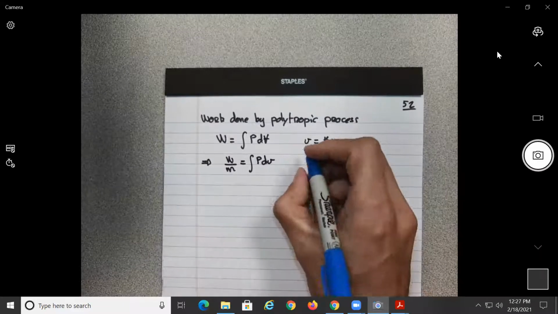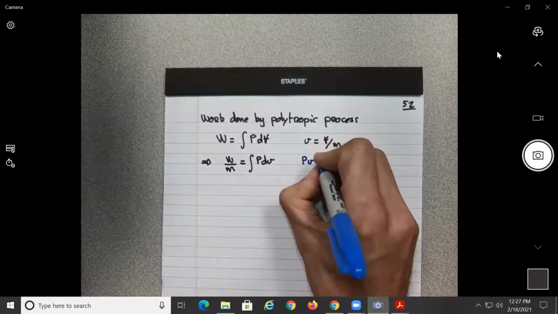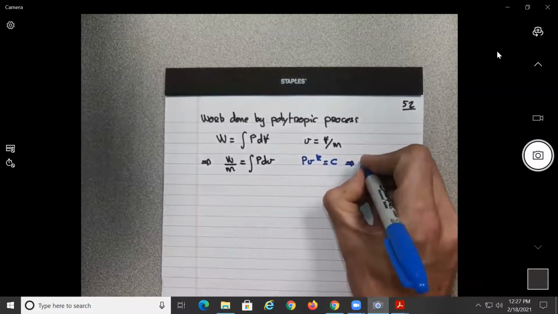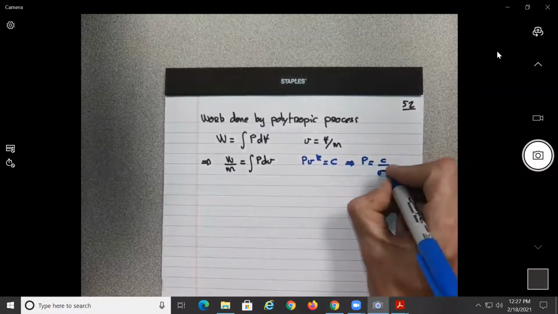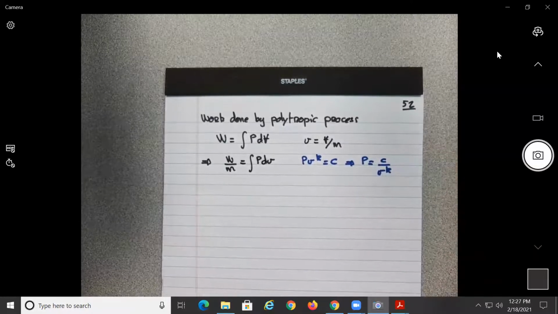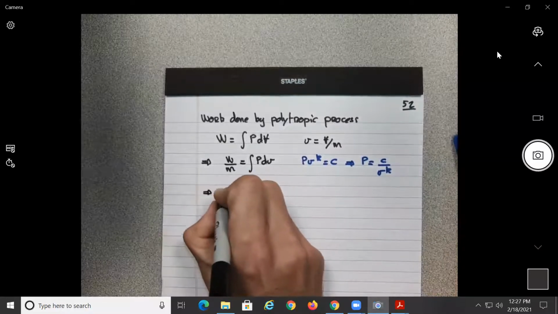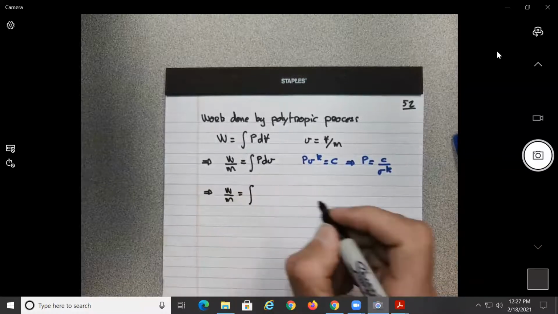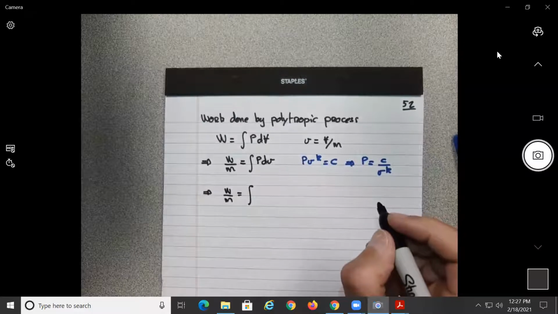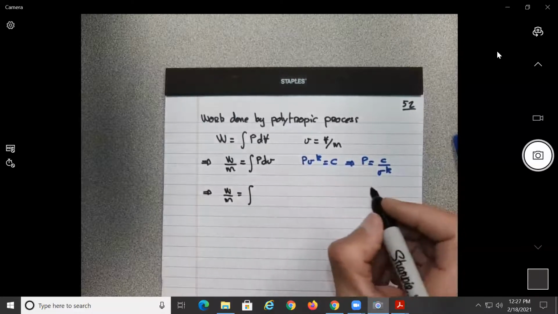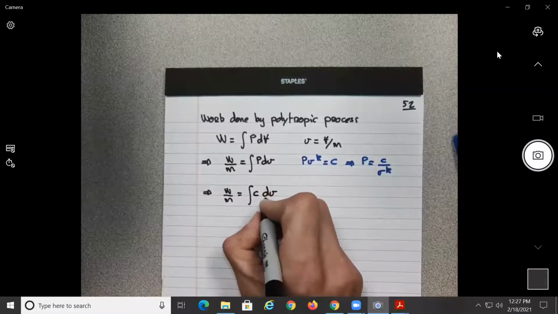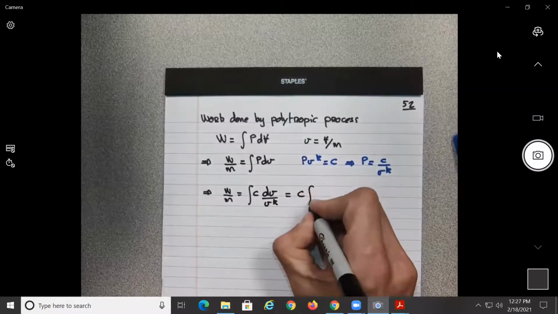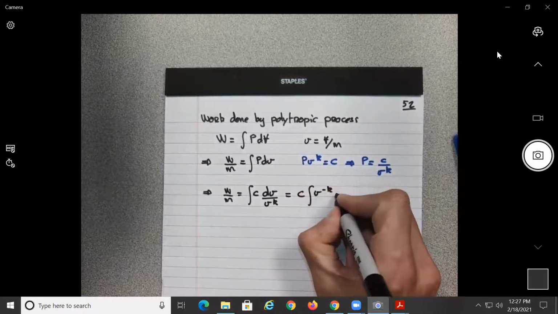Again, I'm going a bit fast. In our case, we know that PV to the K is equal to a constant. So that means that P is equal to the constant divided by V to the K. Integral of C dV over V to the K, which is the same thing as C times the integral of V to the minus K dV.